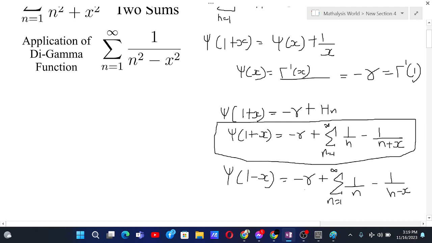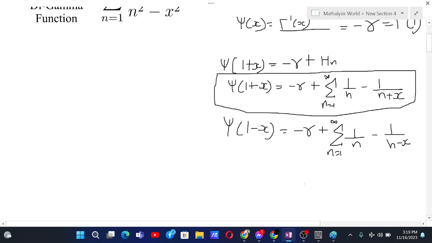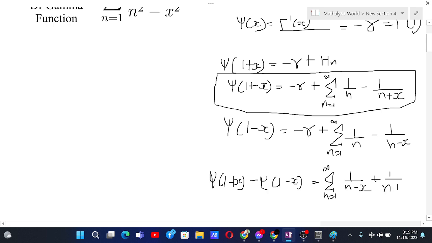Now if we have these two properties, we can subtract the second from the first one, and we get digamma of 1 plus x minus digamma of 1 minus x equals the sum from n equals 1 to infinity of 1 by n minus x minus 1 by n plus x. This one will be plus, this will be minus.